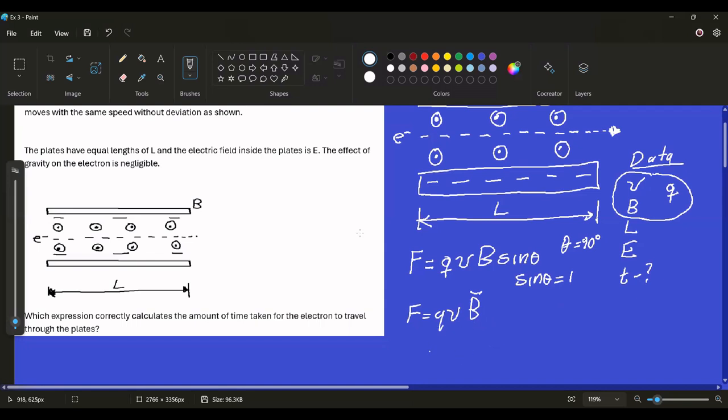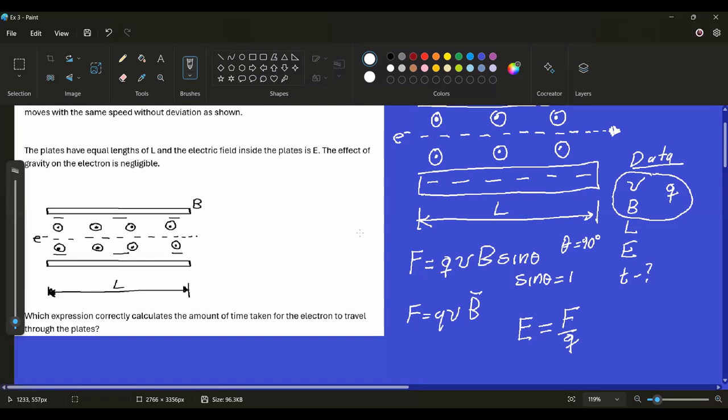We know something about F when it comes to charged plates. Remember that the electric field between two charged plates is equal to the force over Q. So the force acting on a charge between two charged plates is given by this expression.